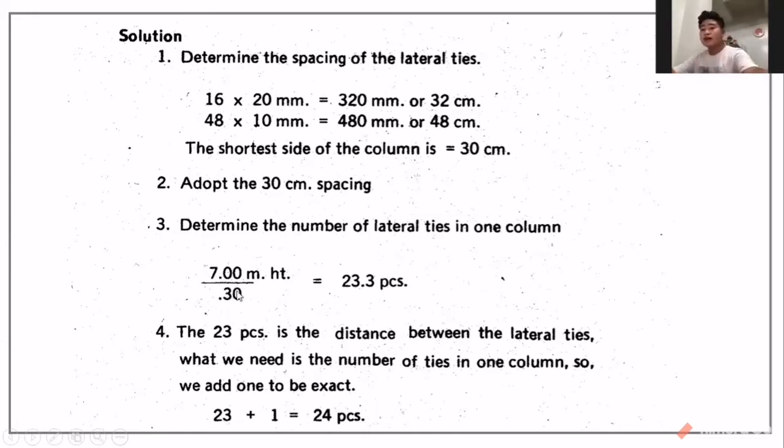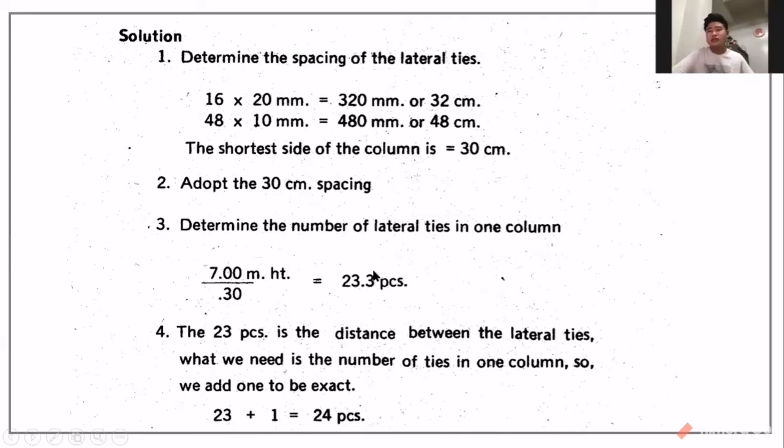So 7 divided by 0.30 is equal to 23.3 pieces. So the 23 pieces is the number of spaces between the lateral ties. What we need is the number of ties in one column. So we add 1 to be exact. So 23 plus 1 is equal to 24 pieces.